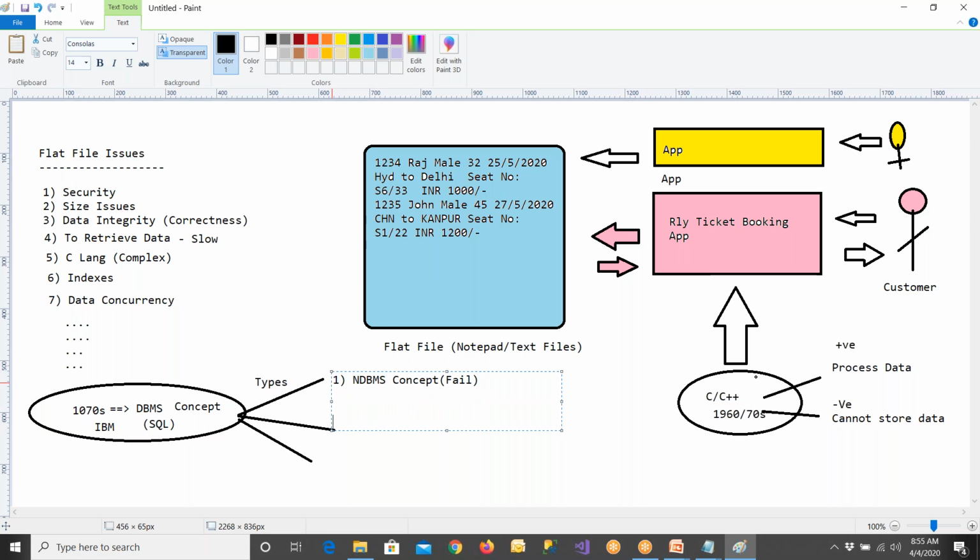The second one is called hierarchical database management system. This is also an utter failure in the market. Clear? And the IBM people only invented the next one, in the 1970s to '76 time. This is what is called the RDBMS concept, which was a big success.